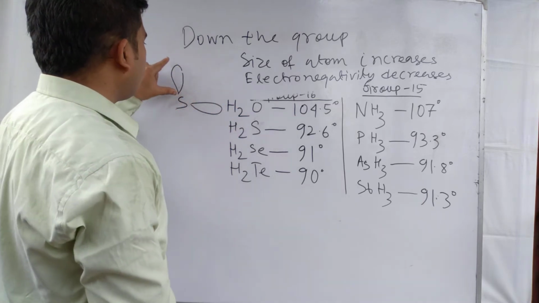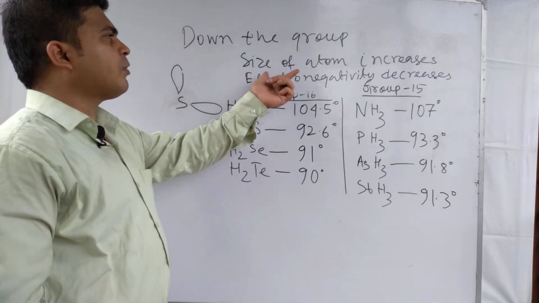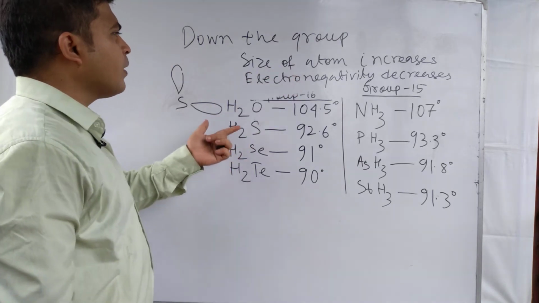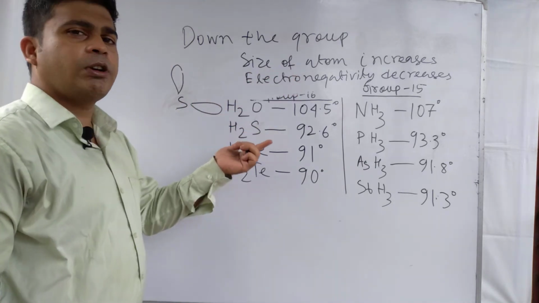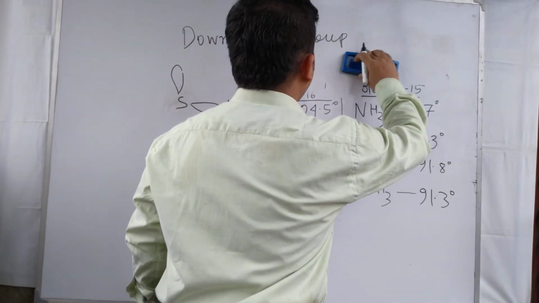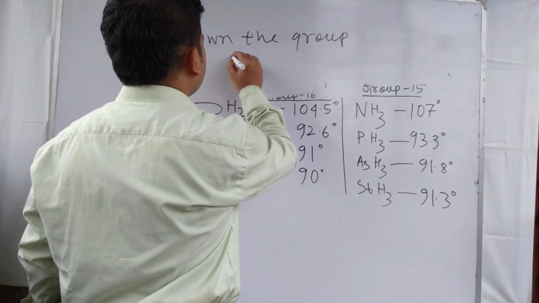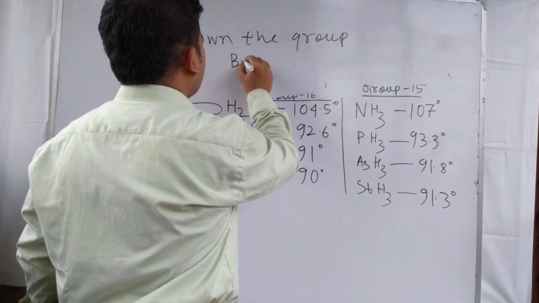The distance between the bond pair and the central atom increases because the size of atom increases and electronegativity decreases.